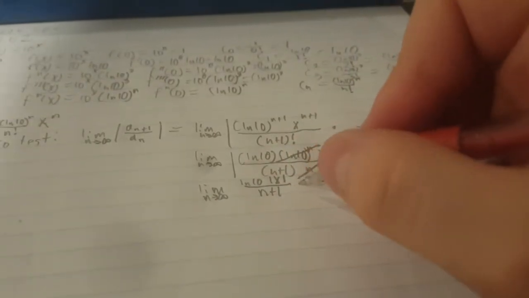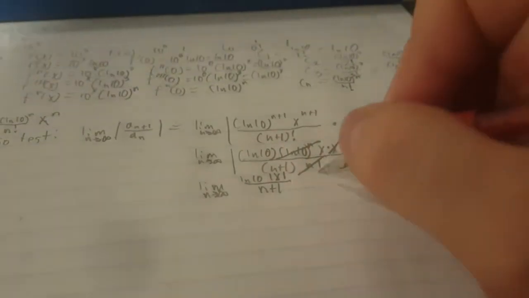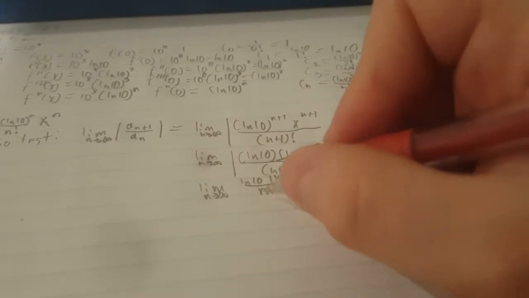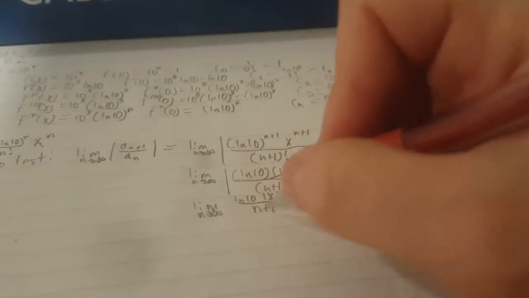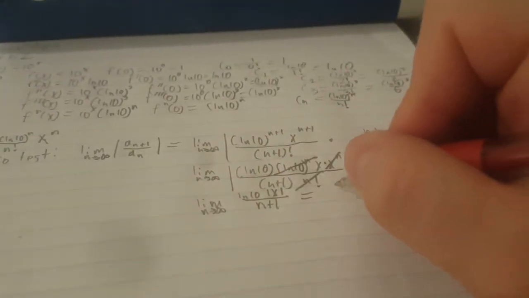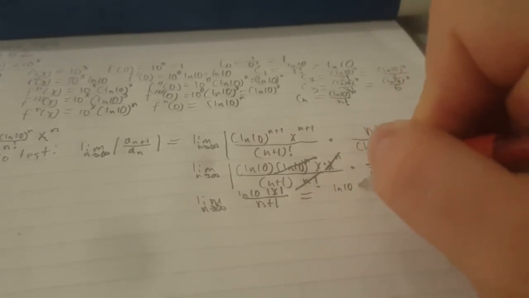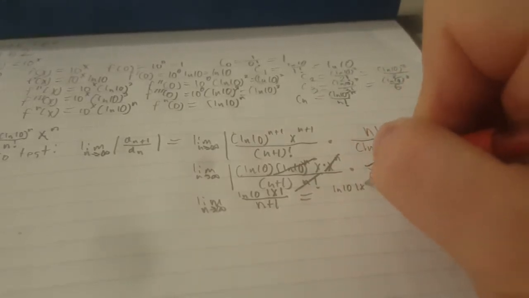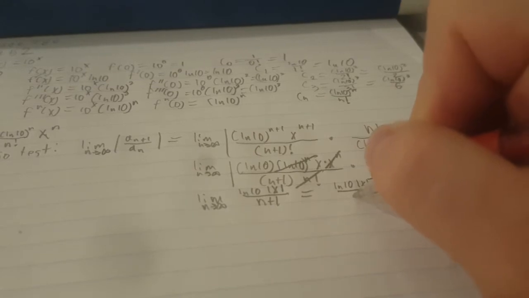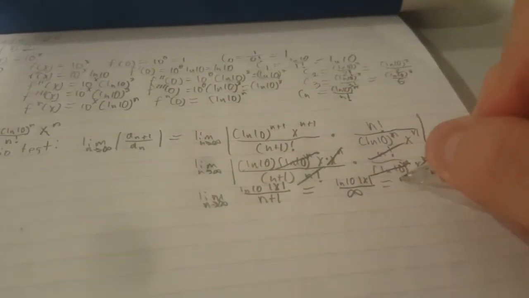So this is what we would get. And evaluating this limit, the only thing that will be affected is the denominator. So ln of 10 times the absolute value of x over infinity is what this would be. And that would equal 0.